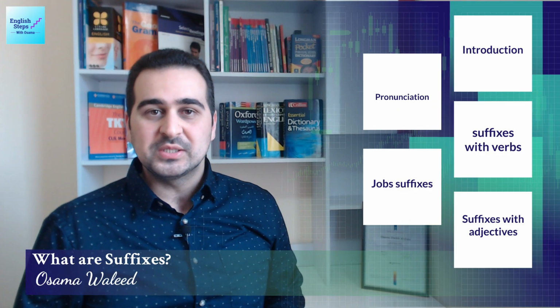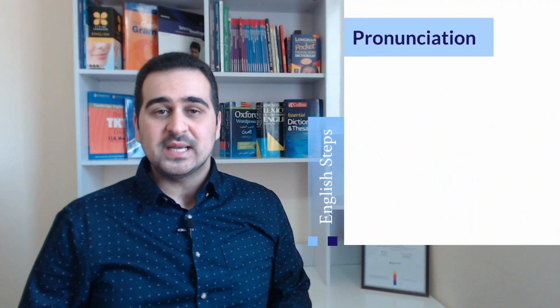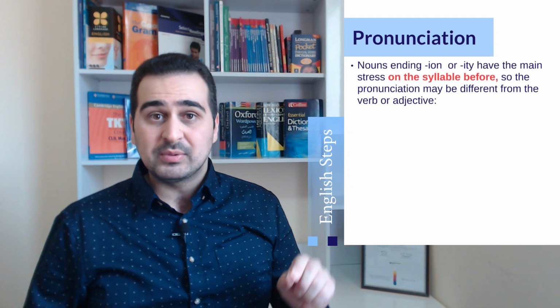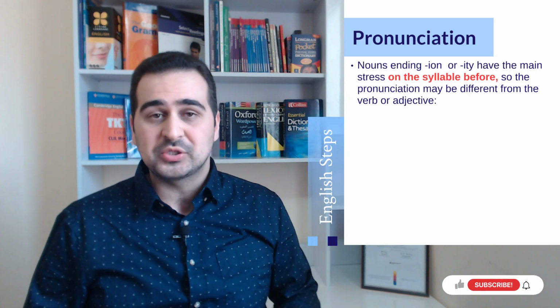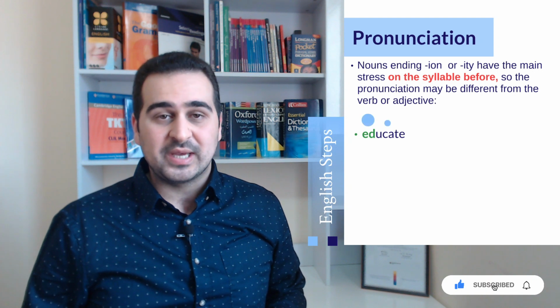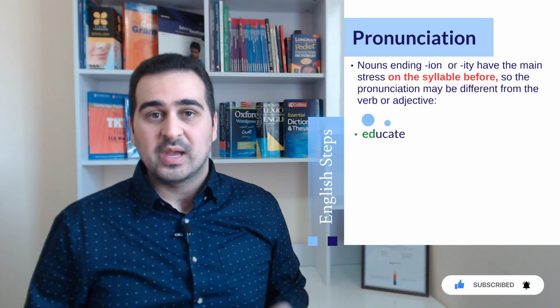We also need to pay attention to the pronunciation. The addition of these suffixes may change the pronunciation. Nouns ending in ion or ity have the main stress on the syllable before, so the pronunciation may be different from the verb or adjective. For example, the verb educate has the stress on the first syllable.